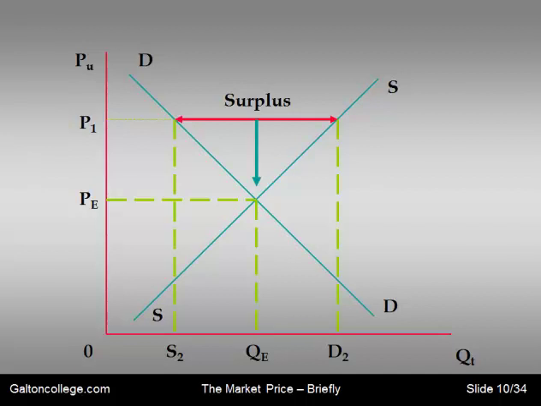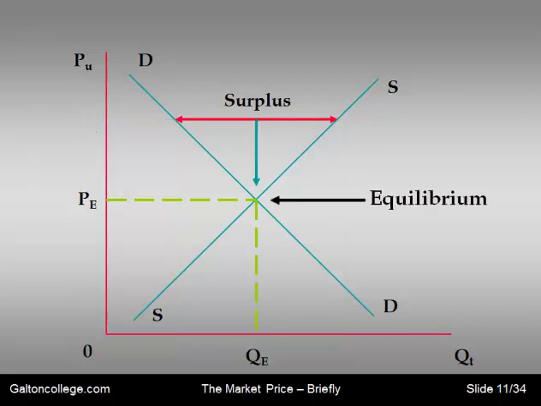It just works because people organize themselves in a way that tries to clear problems and promote self-interest. And in this case, the producers are trying to get rid of the surplus, so they cut the price and cut back on production. We head towards the equilibrium. So the equilibrium is the point of intersection of supply and demand.